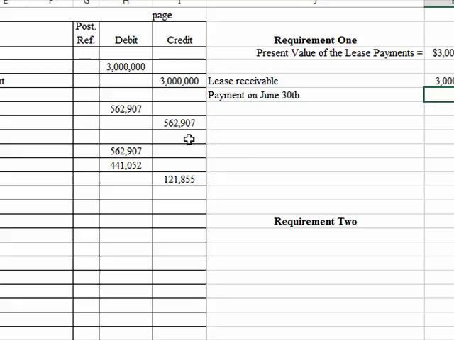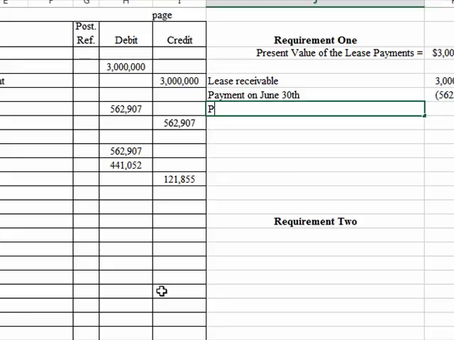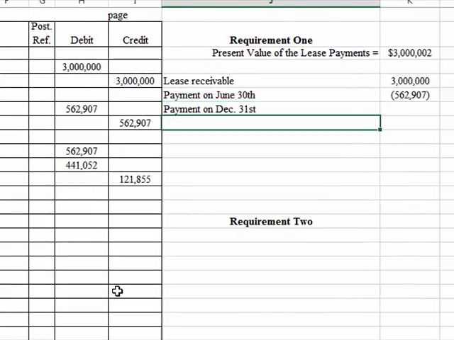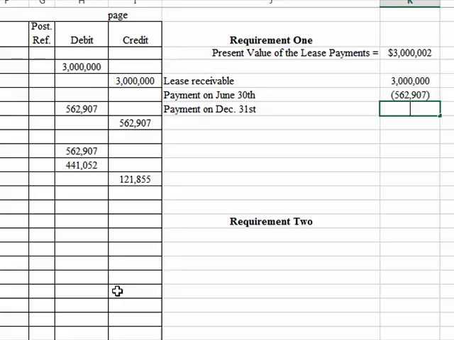There was no interest involved there, so we just decreased the balance in the lease receivable account. Remember, assets decrease on the credit side. And then we've got the payment on December 31st, which is going to reduce the lease receivable balance as well.